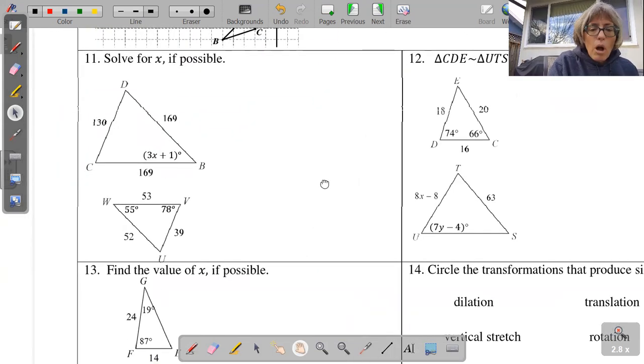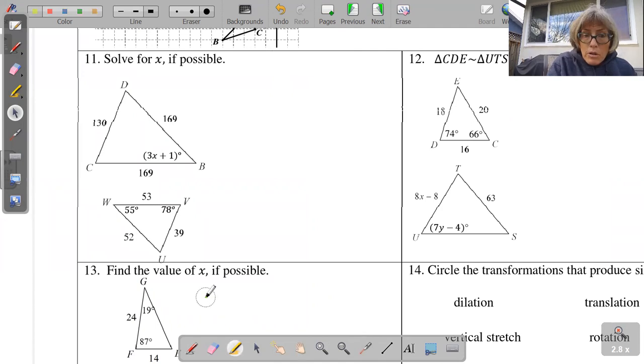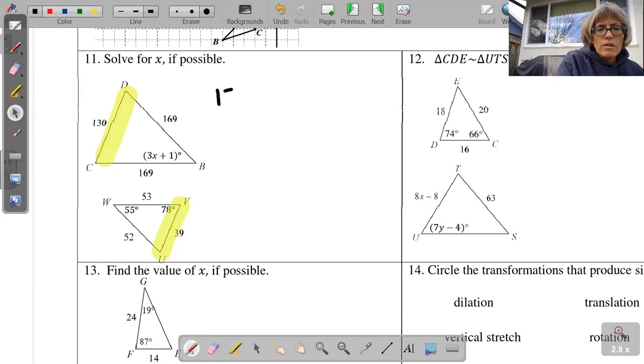Solve for x if possible. So we are not given any angles here, so we have to check short to short, long to medium, long to long. So I'm going to start here with short to short, 39, and then 130. You see if I can reduce this at all.